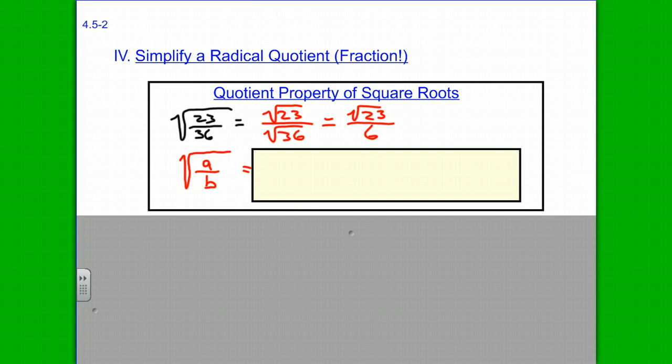As a rule, we use variables. So how do you think we can show the square root of a over b now in this rule? Good, so we kind of separate them.